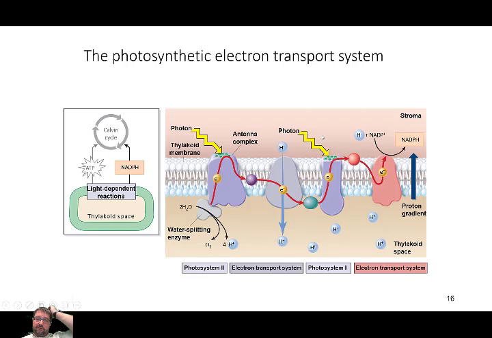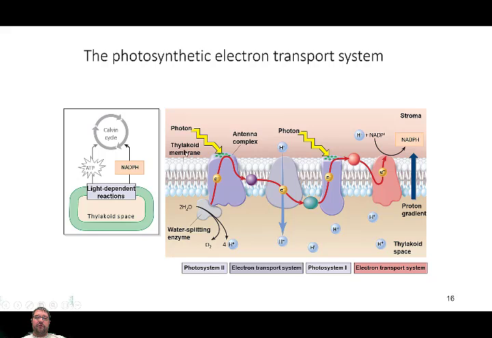Let's look at how this is done. Again, the diagram is showing you the thylakoid membrane. So remember, inside the chloroplast organelles are thylakoids. Thylakoids are those little stacks, and if you stack a bunch of them together, they're called grana. But a thylakoid is that little sac-like structure. It has a membrane, a lipid bilayer, that looks similar to this.